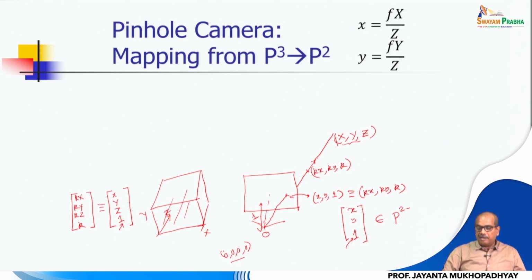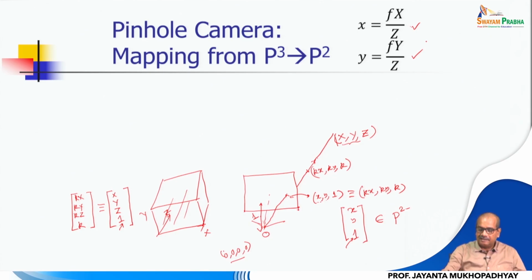Now, when we talk about the relationship between the image coordinates and the 3D coordinates of the scene point, can we express this relationship in a linear form? If we use this homogeneous coordinate system, this can become a linear operation, because when we are using the real coordinates, real space, these two are not linear expressions.